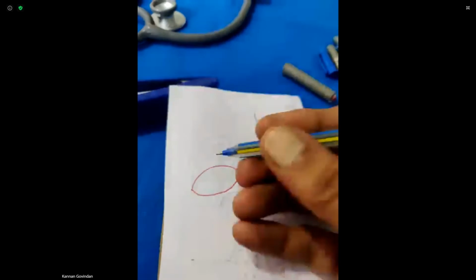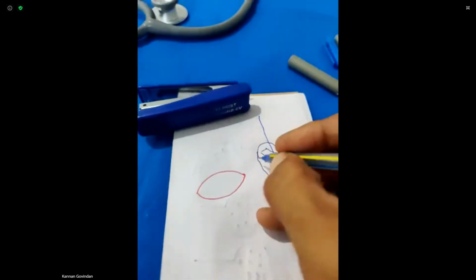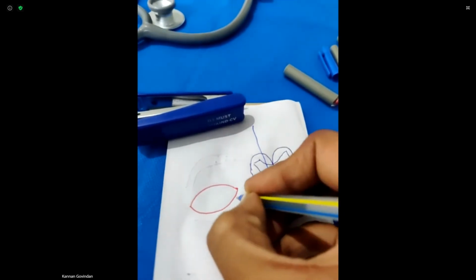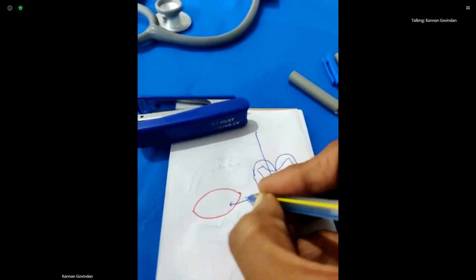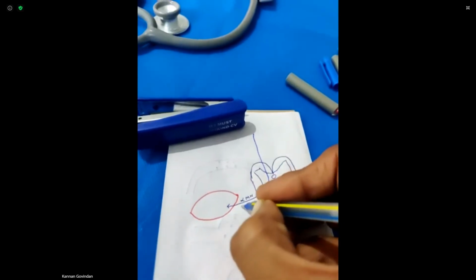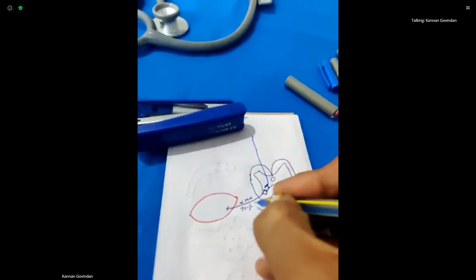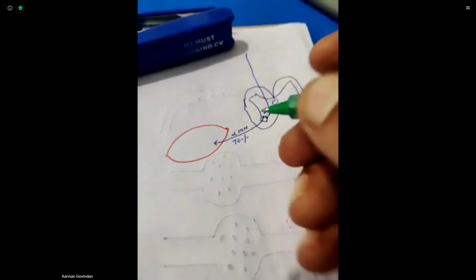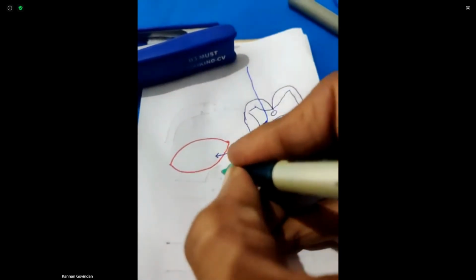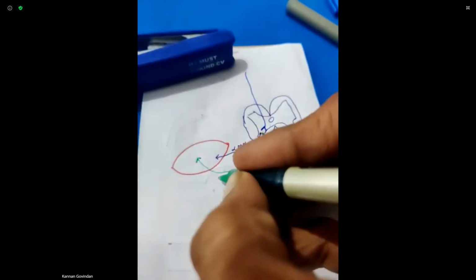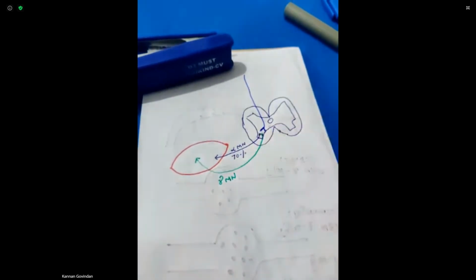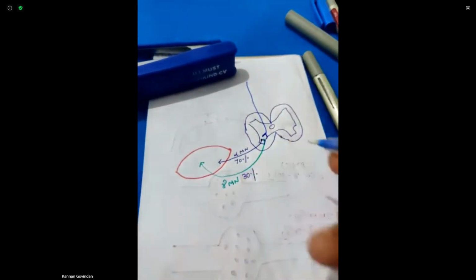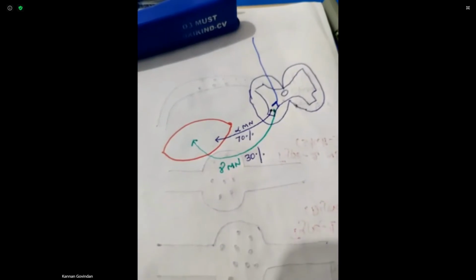The first one is the alpha motor neuron, which starts from the anterior horn cell and goes and ends in extrafusal fibers. 70% of motor fibers are of alpha motor neuron category. The remaining 30% form the gamma motor neuron. These are the two types of motor innervation to the muscle.